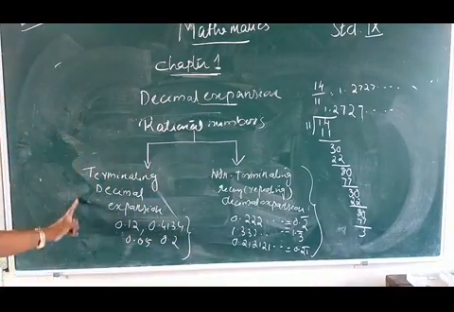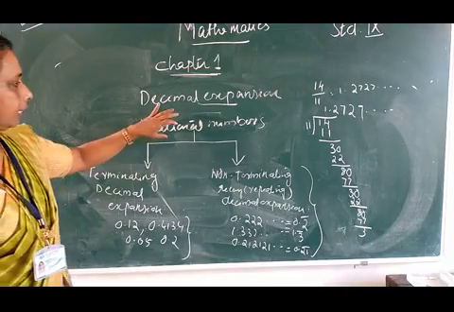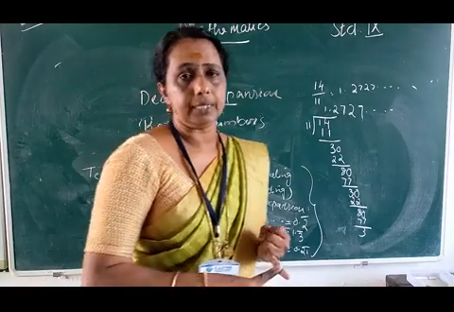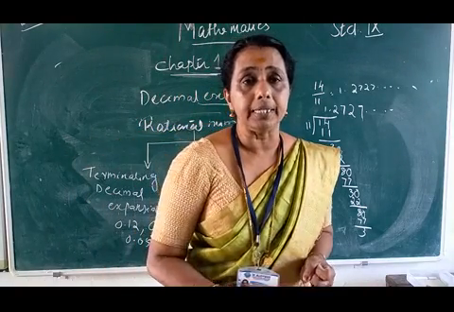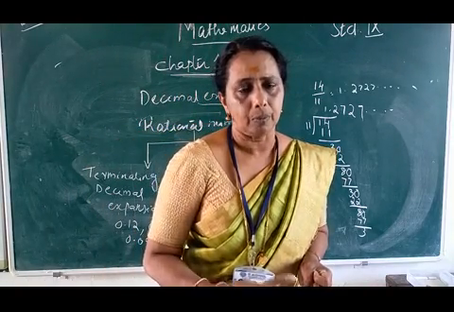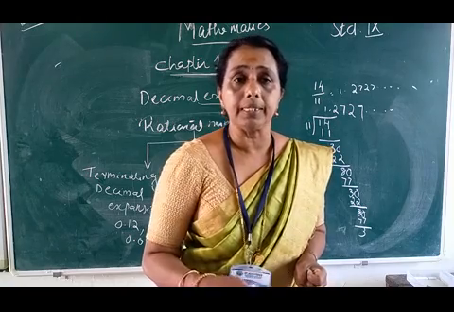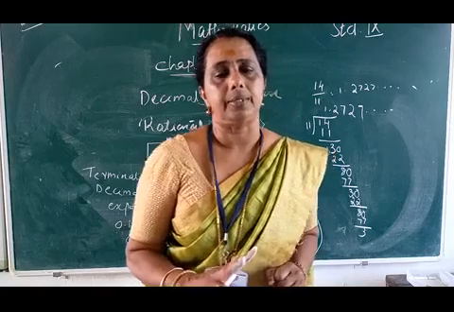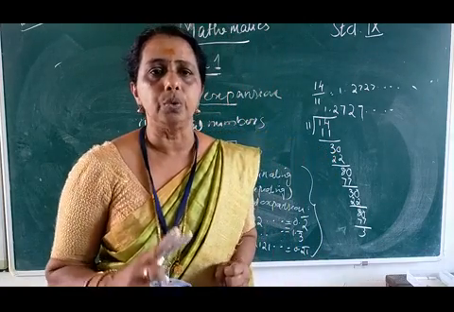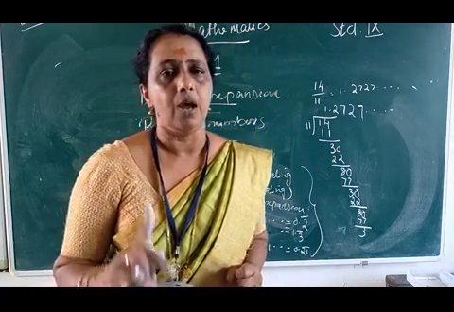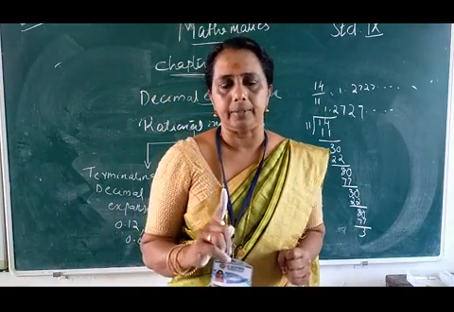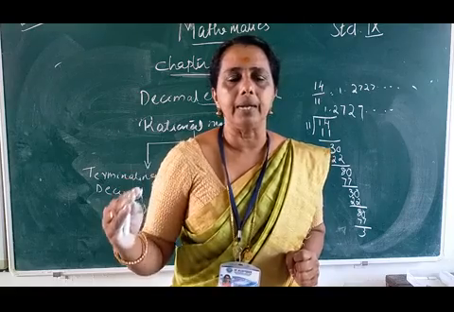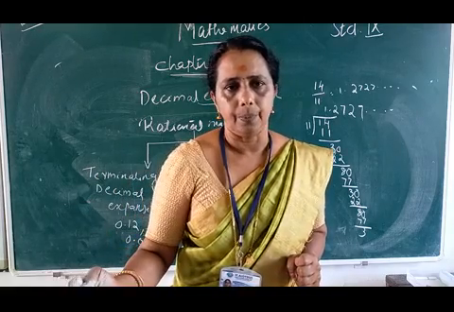Here this is terminating decimal expansion. That is, rational numbers have two types of decimal expansions: terminating and non-terminating recurring. One more name is non-terminating repeating. First one is terminating. That means in the division after some steps the remainder becomes 0.